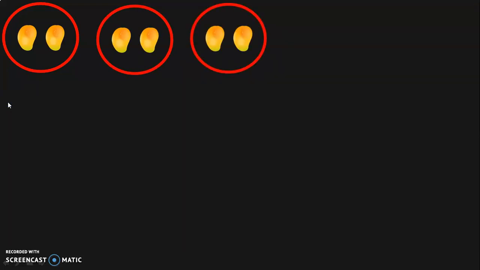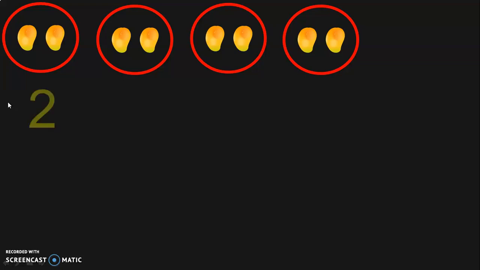Let us take the next example. This is a group with 2 mangoes. We have another group with 2 mangoes, another group with 2 mangoes, and another group with 2 mangoes. So we have 4 groups in total with 2 mangoes each.